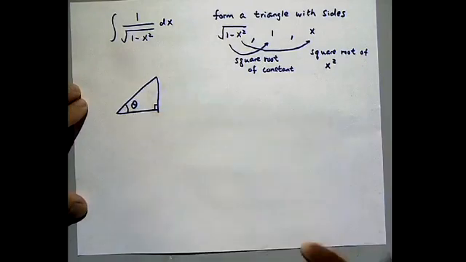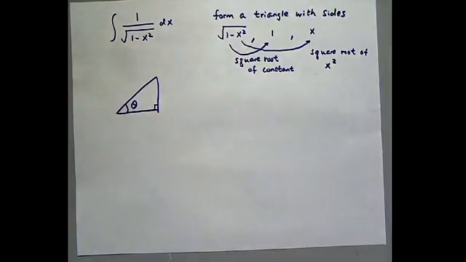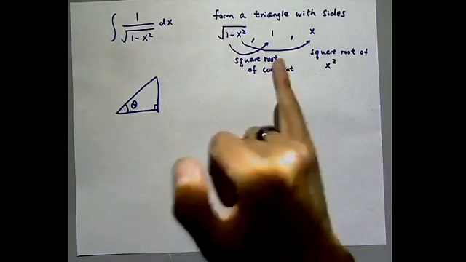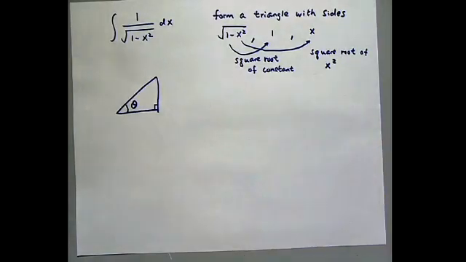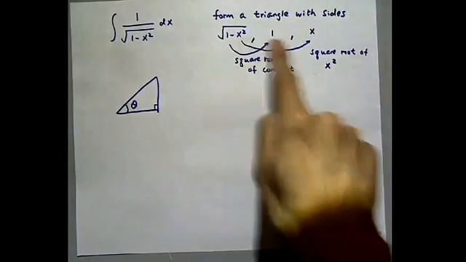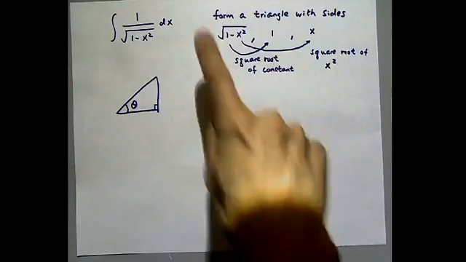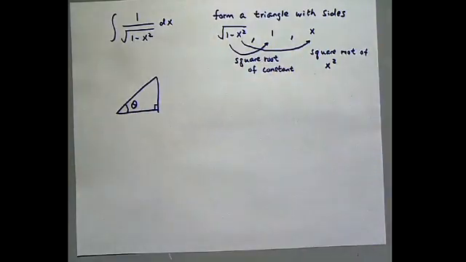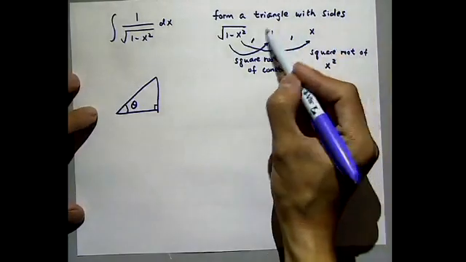So here's my theta, and there's my right angle. Now you got to decide where do they go. You have three sides, three quantities. Which one goes where? Let me show you how this works.